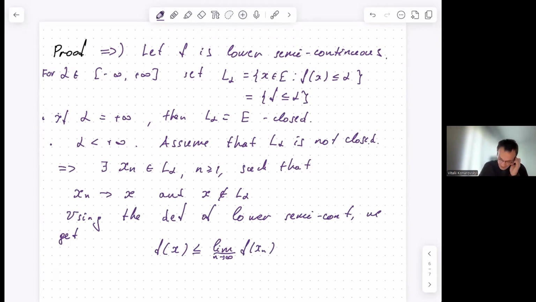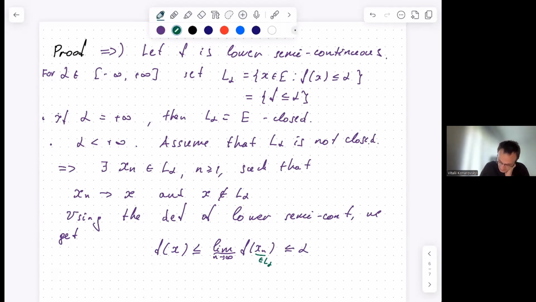But let's remark that xn belongs to L alpha. It means that the value of function f at xn is less or equal than alpha, and this is also so for the limit. Then the right hand side is less or equal than alpha.